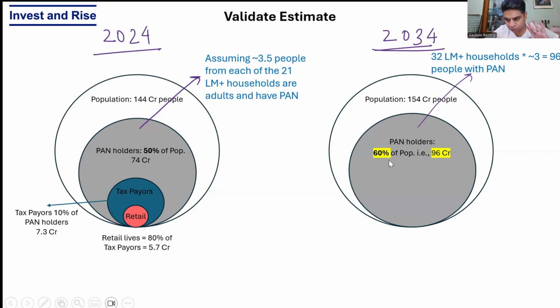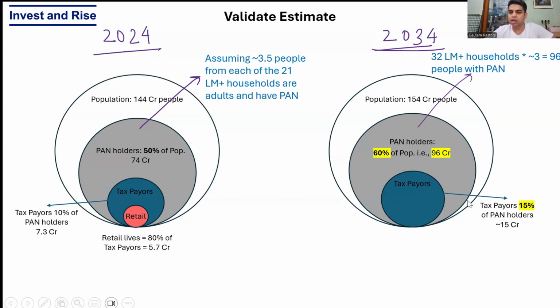And this is not a ridiculous assumption because 50% of the population today are PAN holders. So 60% of the population 10 years from now may be PAN holders. This doesn't look outrightly ridiculous. Be with me. Of the PAN holders, right now 10% are taxpayers.